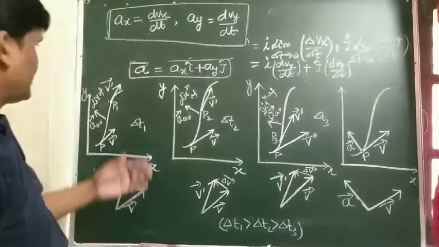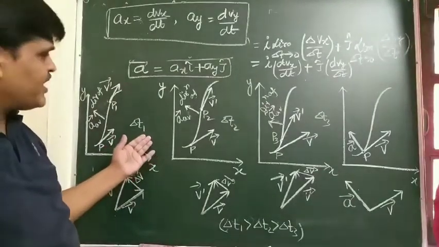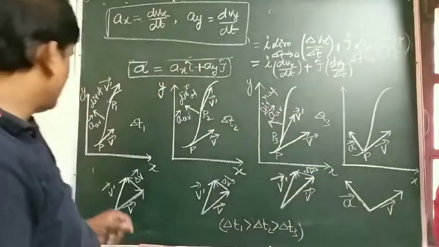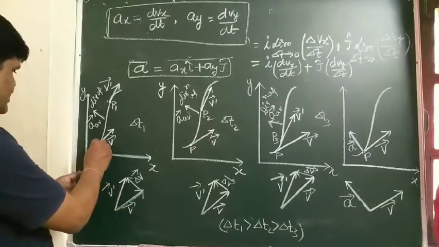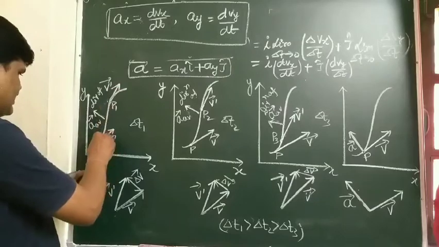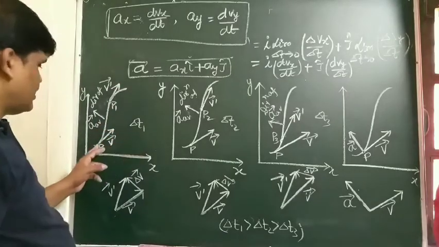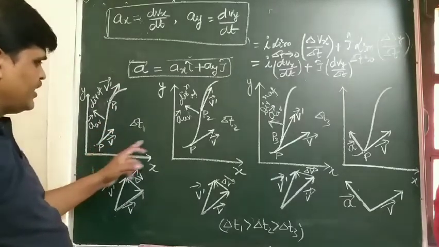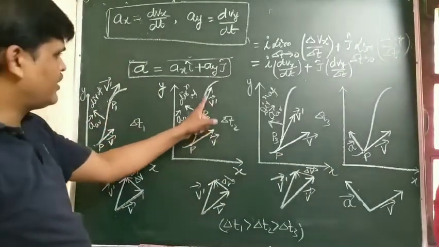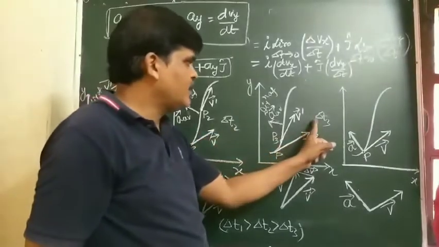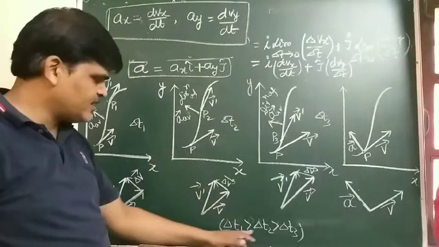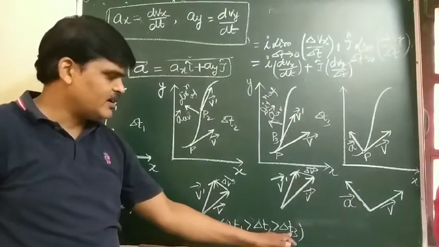And students, now how does the average acceleration change into the instantaneous acceleration? So students, see the diagram. Here the path of the object is a curve, and there is the position of the object at time t, and the position of the object after time delta t1, delta t2 and delta t3, and the time continuously decreases, delta t1 is greater than delta t2, greater than delta t3.